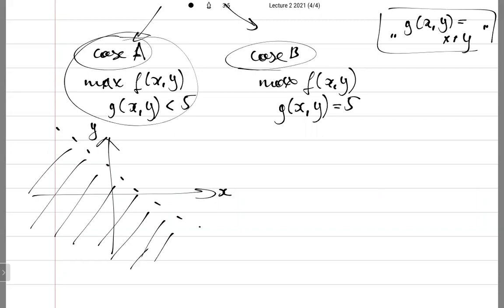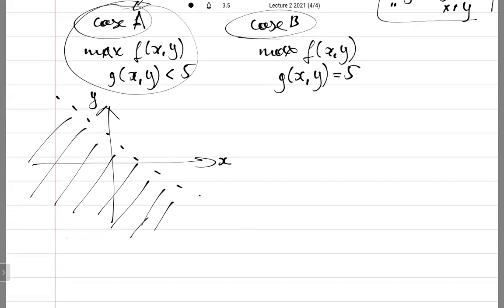In case A, we cannot be on the boundary. So we cannot stay on this line. We should be below this line, inside the region, not on the boundary. And in that case, once again, derivatives should be 0.